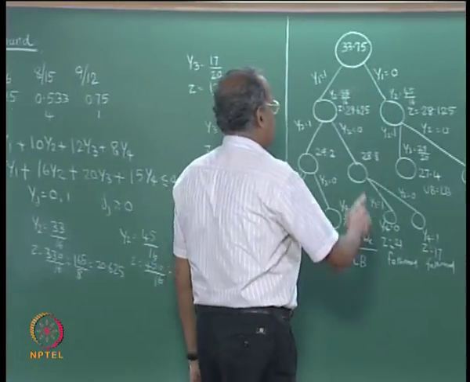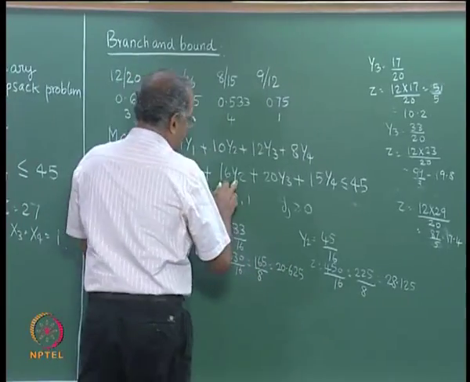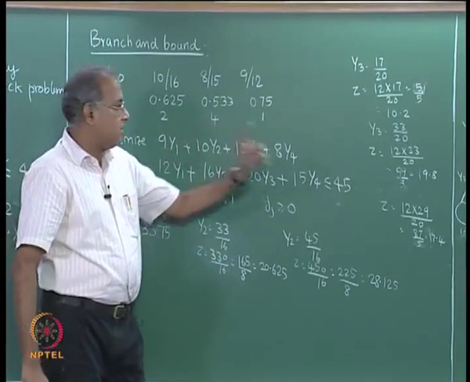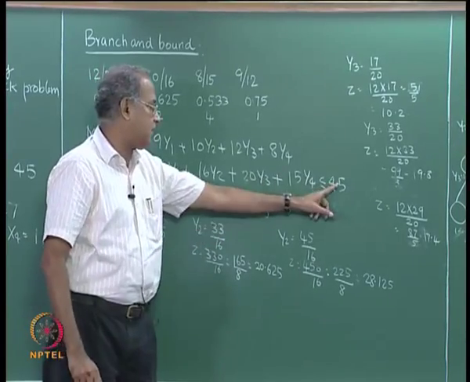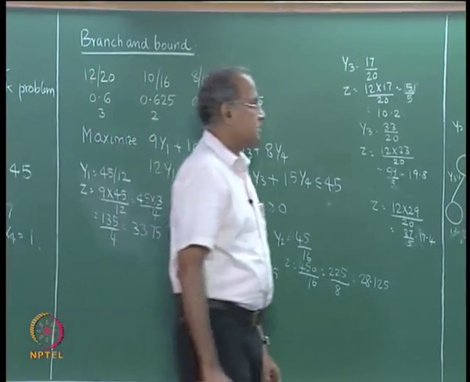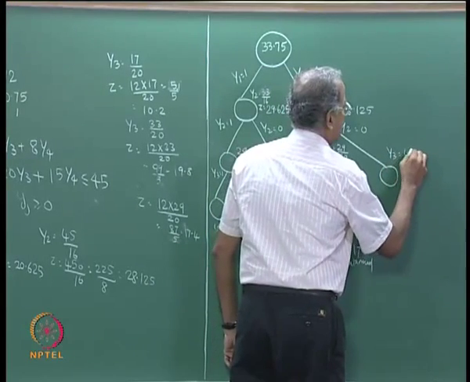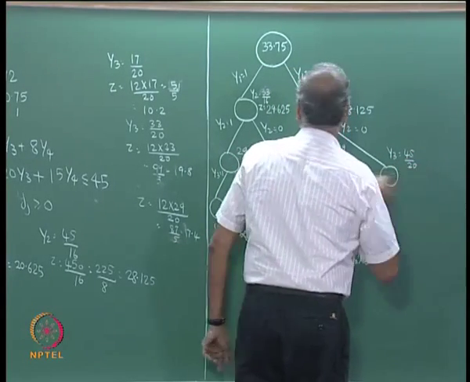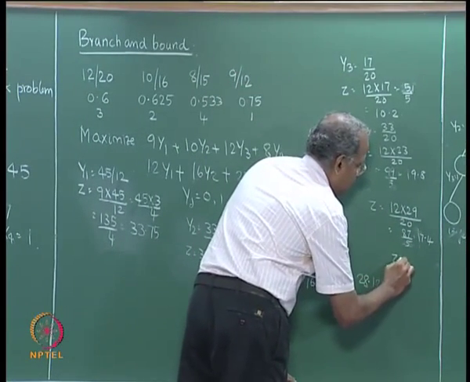Now, the other one is y1 equal to 0, y2 equal to 0, which means both are kept at 0, 45 units are available. So, y3 equal to 45 by 20 and objective function value is 12 into 45 by 20.